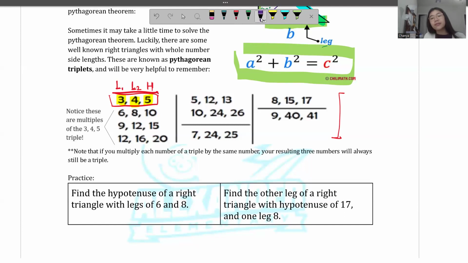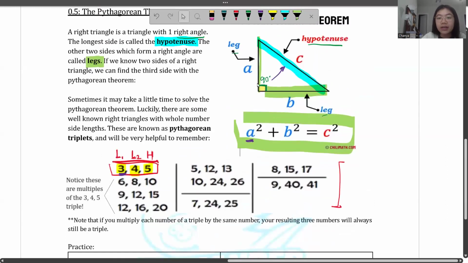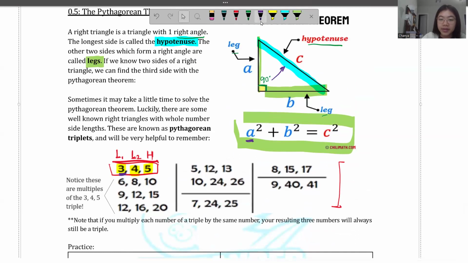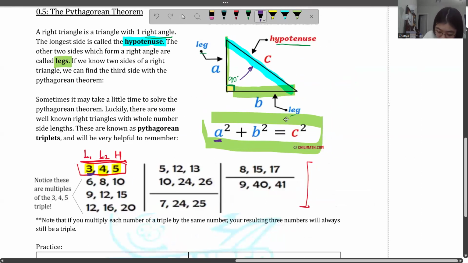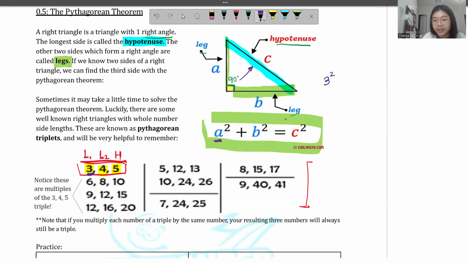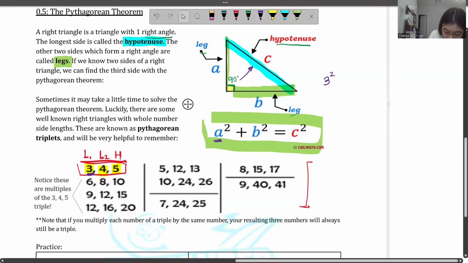So let's see if this triplet satisfies the Pythagorean theorem. Taking into account that 3 is your first leg, and A represents one of your legs of the triangle in the Pythagorean theorem, I'm going to plug in 3 for A. So A squared would be 3 squared, plus the other leg squared. What's the other leg here?